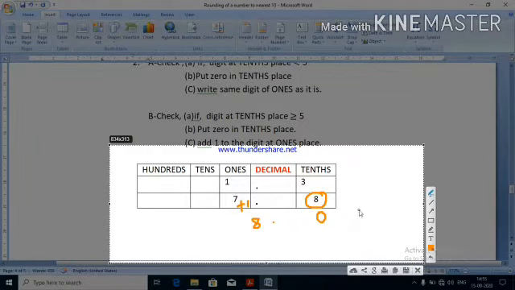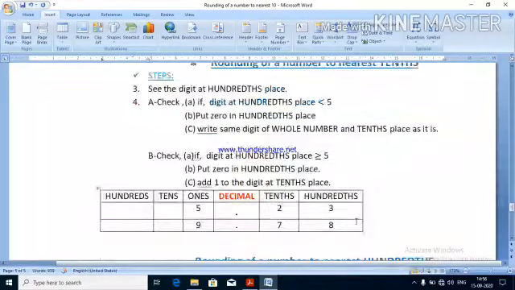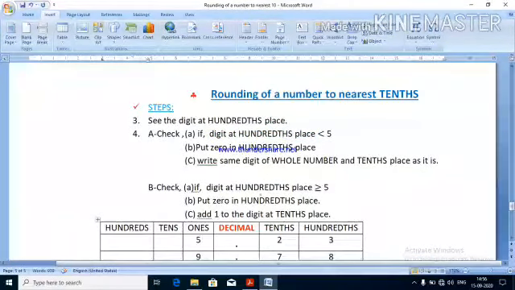Next thing is rounding of a number to the nearest tenth. For this, you have to see the digit at the hundredths place.